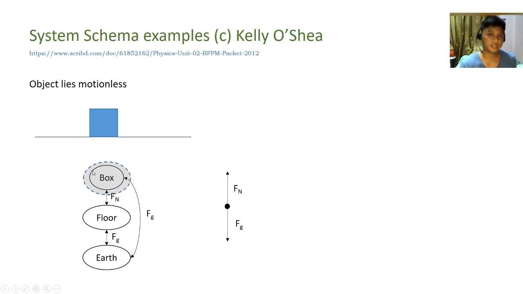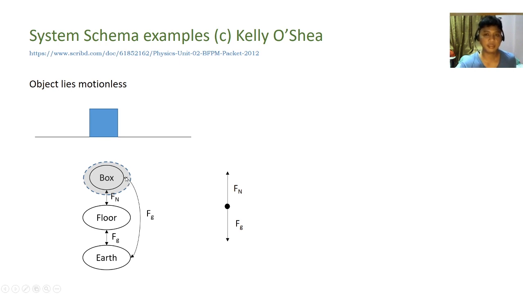You would know it's an external force acting on the system if only part of the force is inside the dashed line. As you can see here, only part of the normal force is inside the dashed lines, and only part of the gravitational force is inside the dashed line. Therefore, the normal force and the gravitational force, these are the external forces acting on our system.